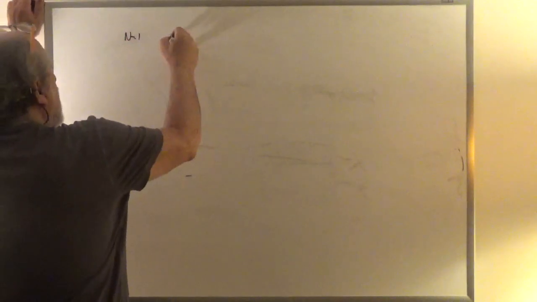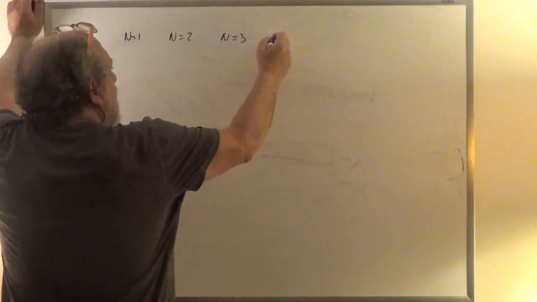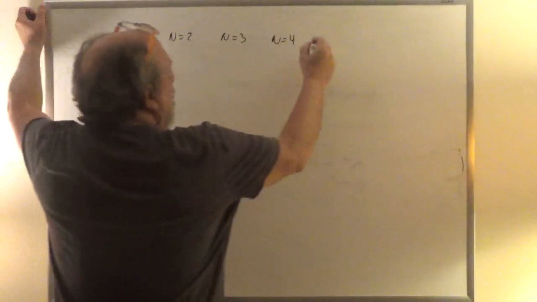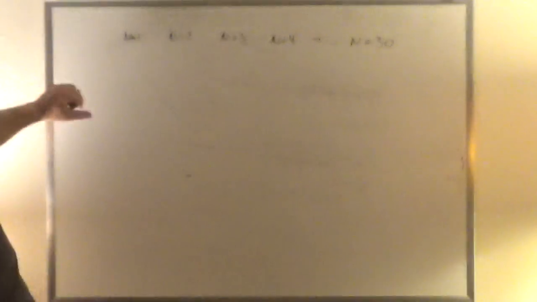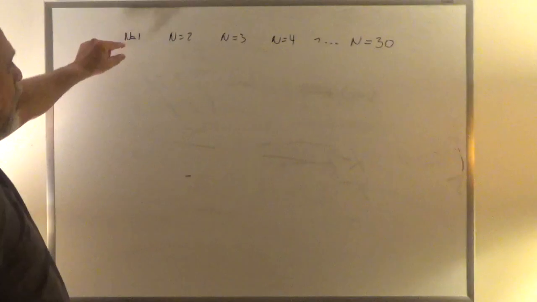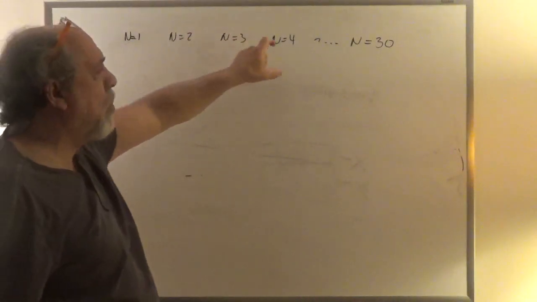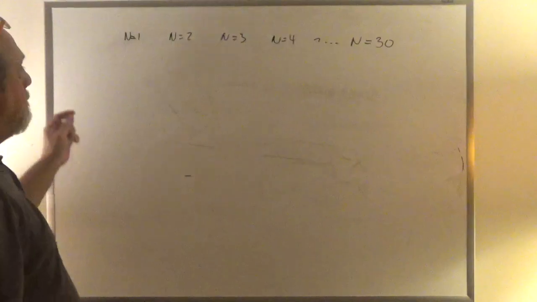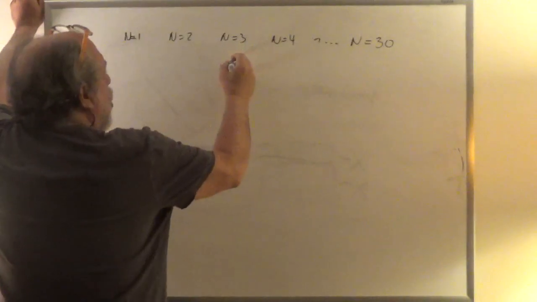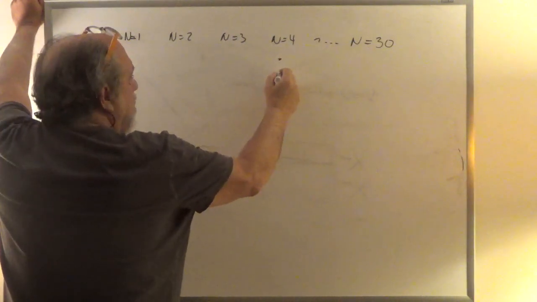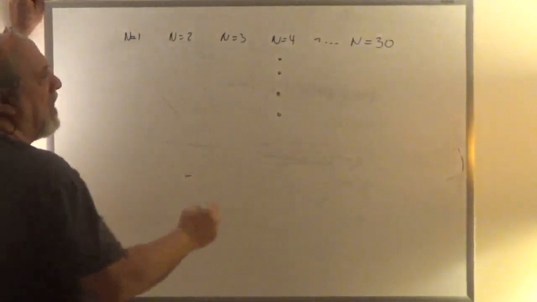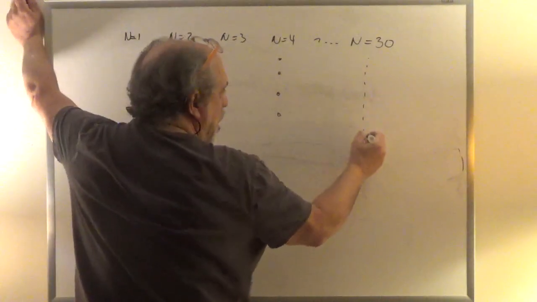So imagine that you select order 1, 2, 3, 4. You don't have to select them all, or in order, but you could go like this until order, say, 30. So this one has only one eigenvalue, this one has 2, this one has 3, 4, 5, 6, 7, etc. This one of order 4 gave us 4, and this one of order 30 gave us 30, right?